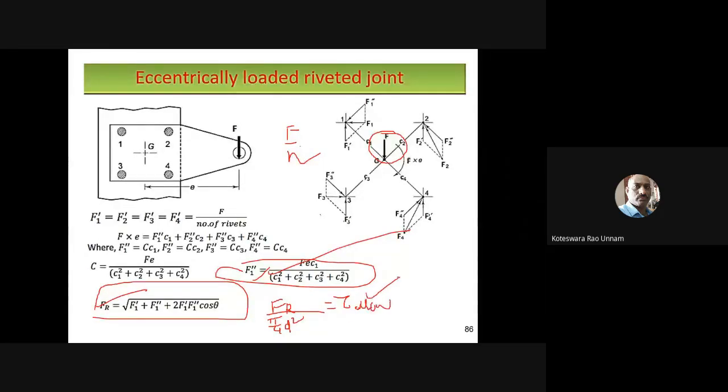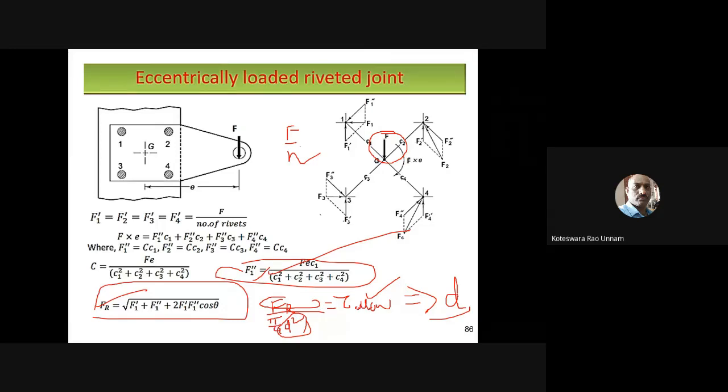This will be given to you in the problem. This you have computed. So then the only unknown is d. Now from this equation, I can find the diameter of the rivet. That's it. That's how you can solve the problems when a riveted joint is subjected to eccentric loading.